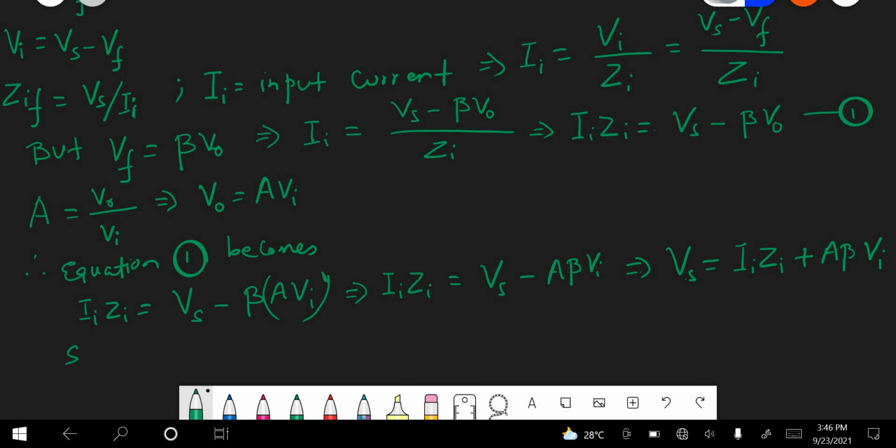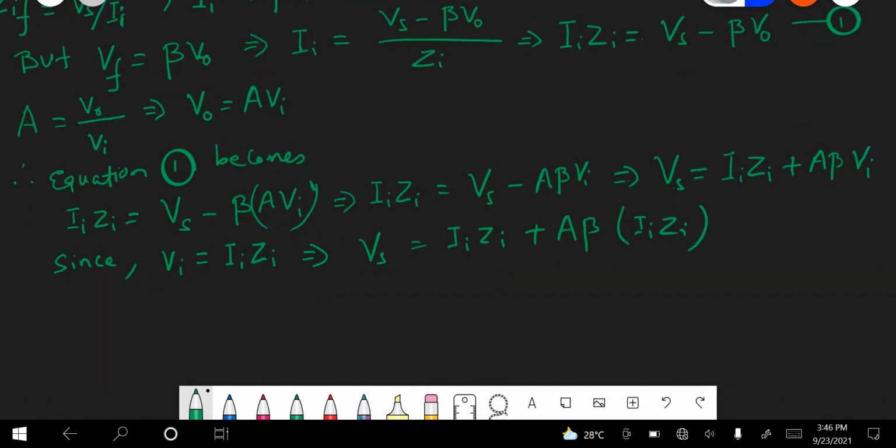Since Vi is equal to Ii times Zi, this gives Vs is equal to Ii times Zi plus A beta Ii times Zi. Now you can write Vs is equal to Ii Zi, common, into 1 plus A beta. So for example, this is equation number 2.